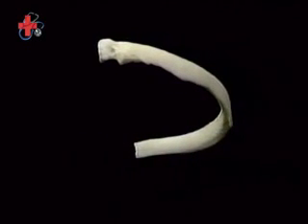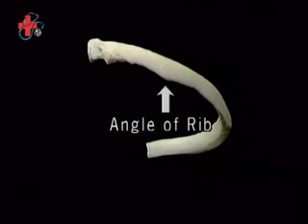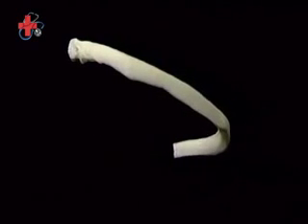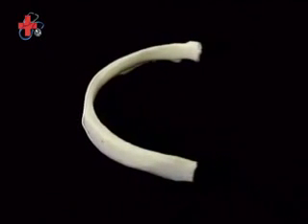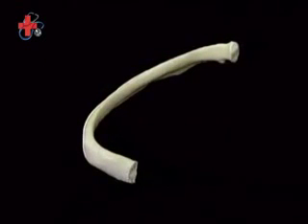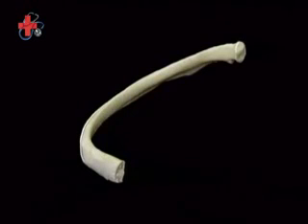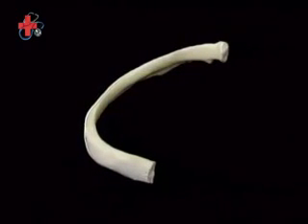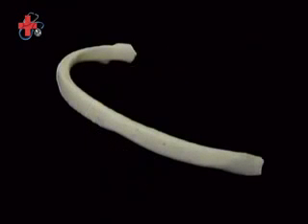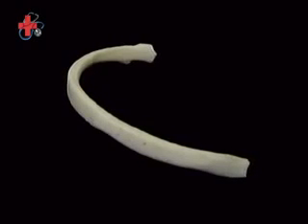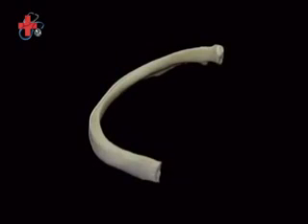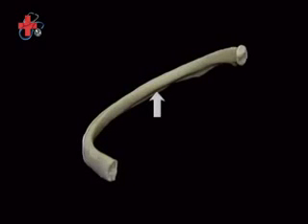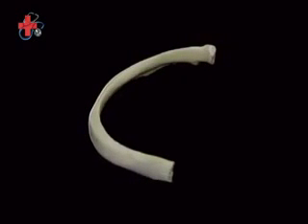The curvature of the rib is interrupted by this angle, which marks the insertion of the iliocostalis, a back muscle that we've seen already. At the front, the end of the rib is hollowed out for the attachment of the costal cartilage. The outer aspect of the rib is smoothly curved. Its inner aspect is marked on the underside by this groove, in which the intercostal vessels and nerve run.